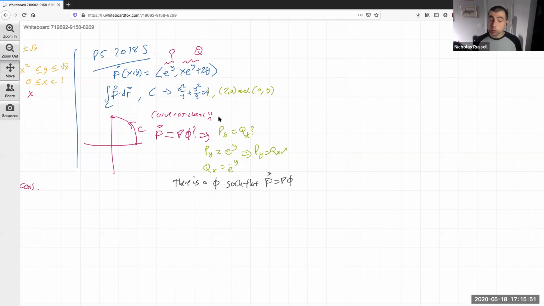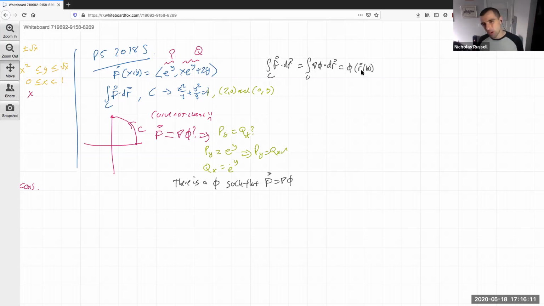Because what I'm going to do then is use the fundamental theorem of line integrals, which says that the integral of F dot dr of a conservative vector field is now equal to just the value of the potential function at my end point.